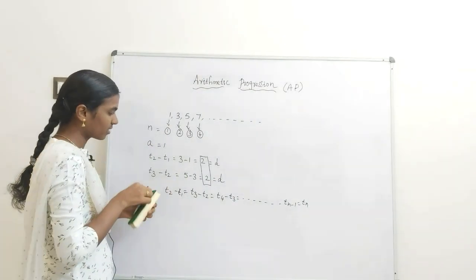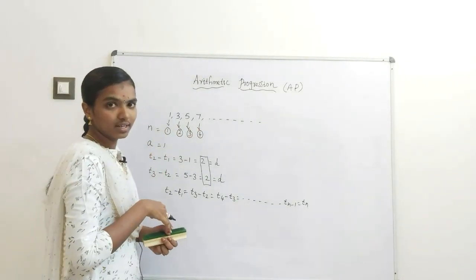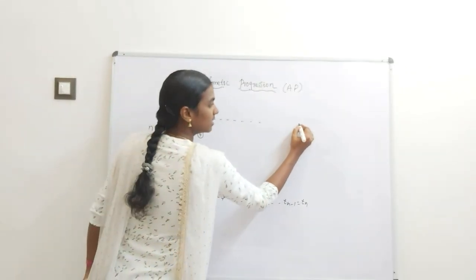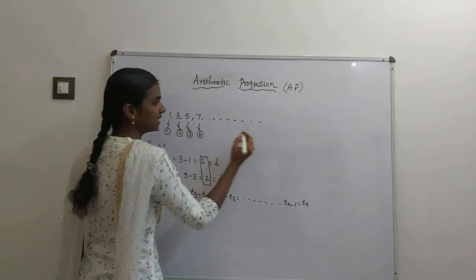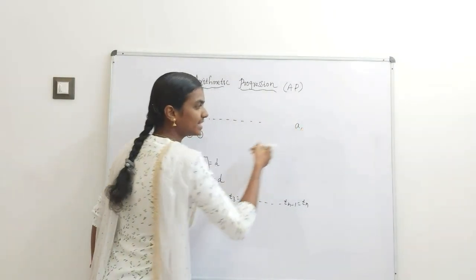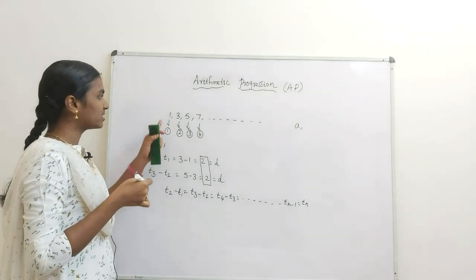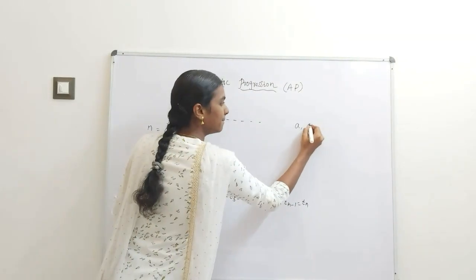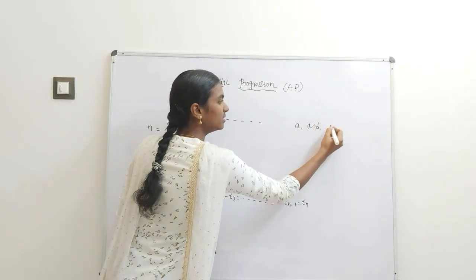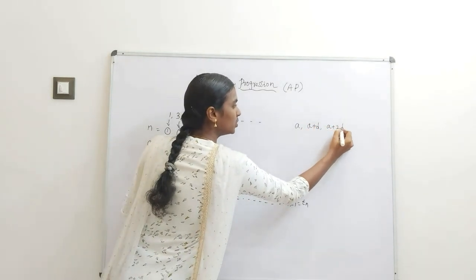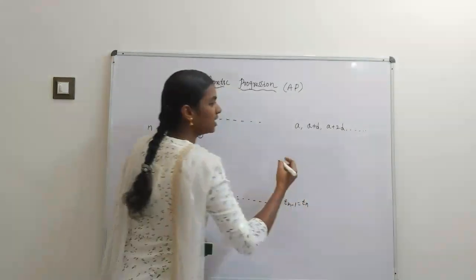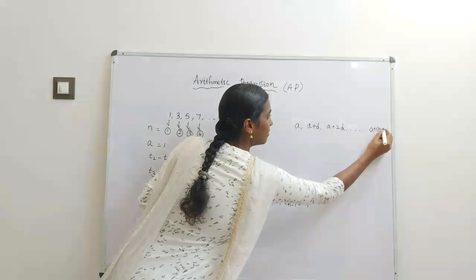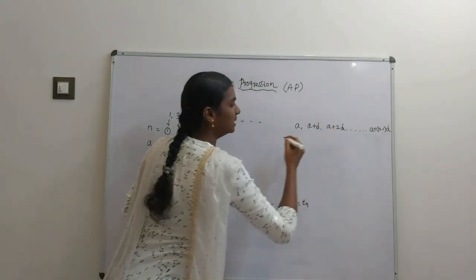Now the general form of an arithmetic progression. The first term is denoted as a. How do we find the second term? If you add the first term and the common difference, we get the second term, a plus d. The third term is a plus 2d and so on. The nth term is a plus (n minus 1) d.